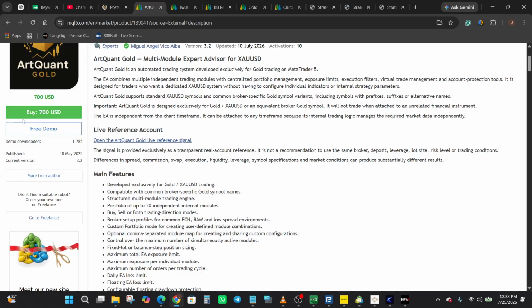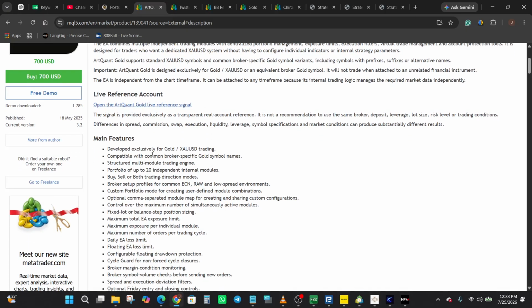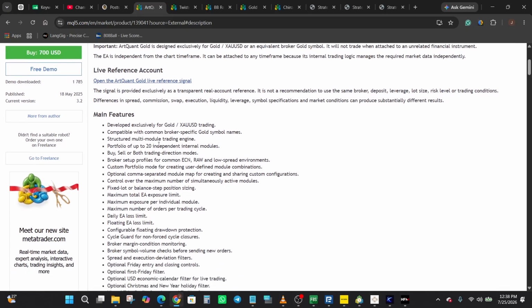Moving into the feature set, this is where ArtQuant Gold gets interesting. At its core, it runs a portfolio of up to 20 independent internal modules, each one capable of managing its own trading cycle. That is different from a single strategy EA. One module isn't the same as one position.